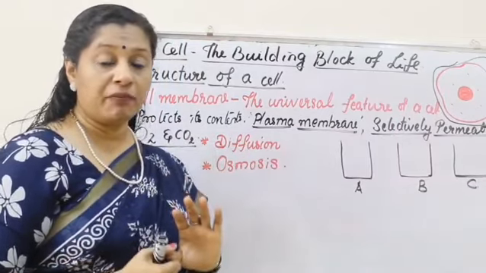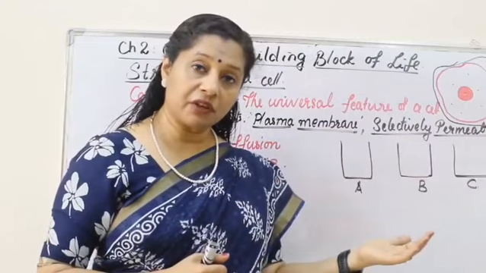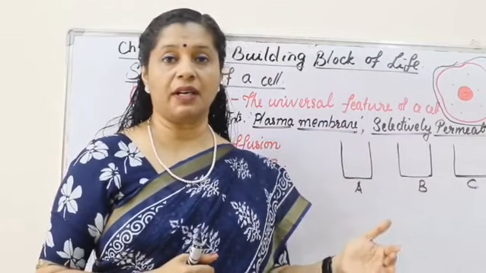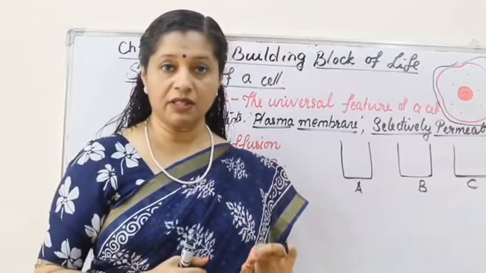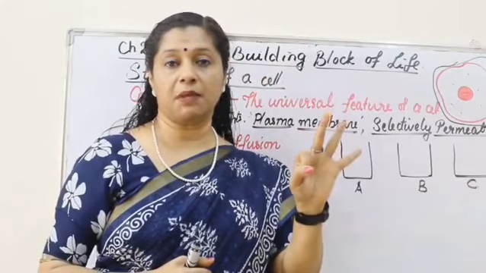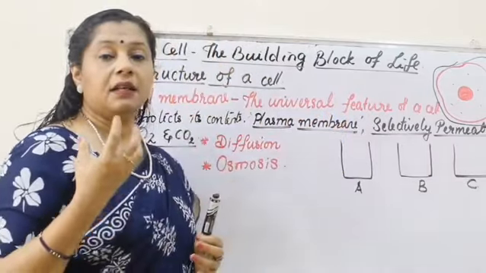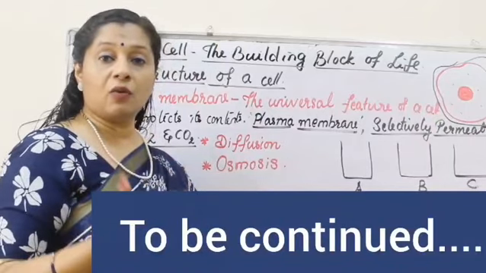So movement of water molecules from a region of its higher concentration to a region of its lower concentration through a semi-permeable membrane is called osmosis. So osmosis is the movement of water molecules from a region of higher concentration to lower concentration through a semi-permeable membrane. Three conditions are there. Now, how will we say that the concentration is higher inside the cell or outside the cell?